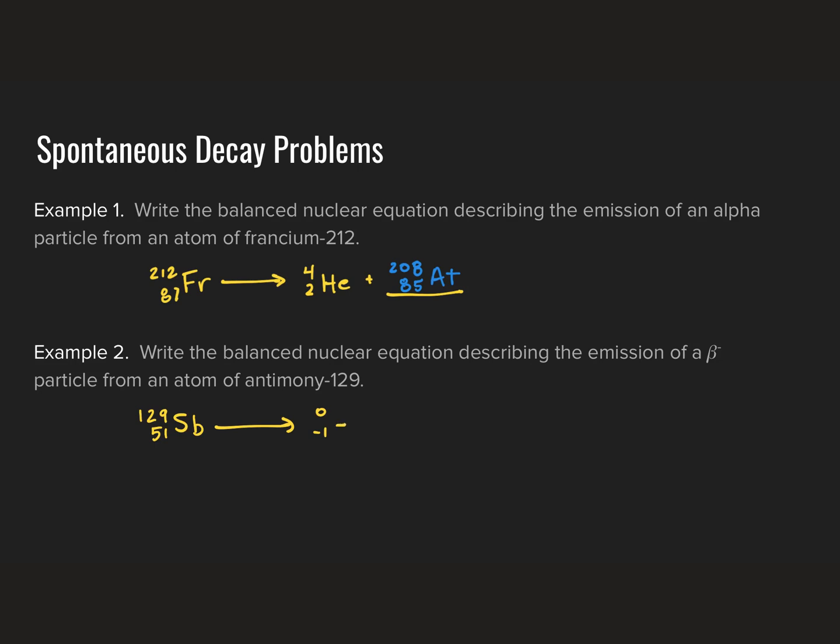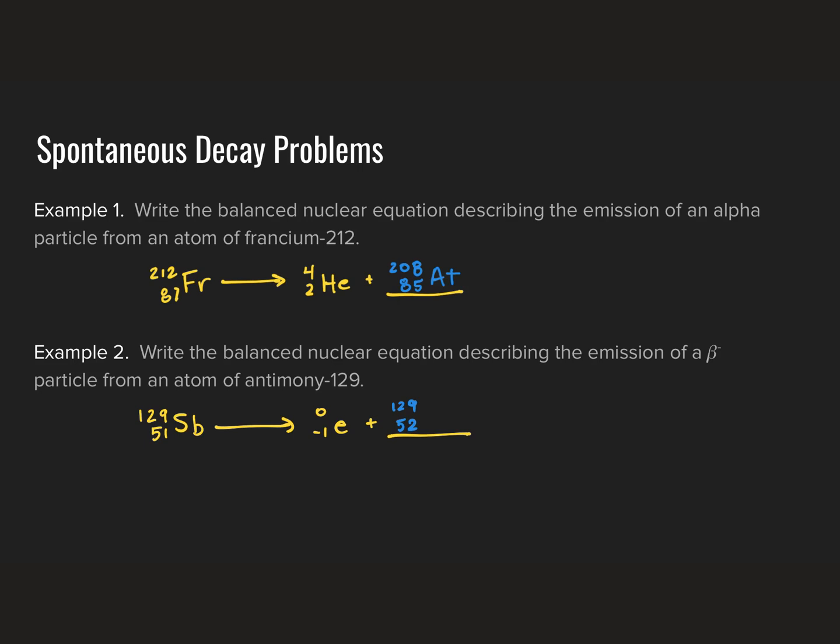And that implies, therefore, that the daughter nuclide is going to have the same mass number as the parent there. That is, we're still at a mass of 129, since the ejected particle had essentially no mass. But to show conservation of charge here, note that the charge of that beta particle was -1, and therefore to show conservation of charge, I would have to take that sum of -1 plus 52 yields the same overall total positive charge of +51 that we began with on the left side of our equation.